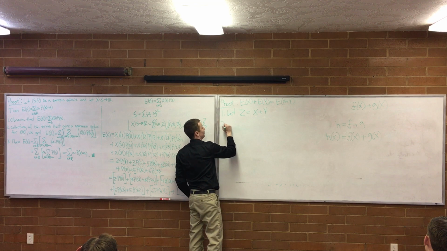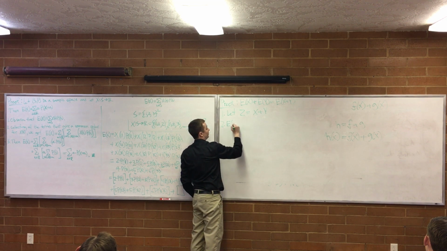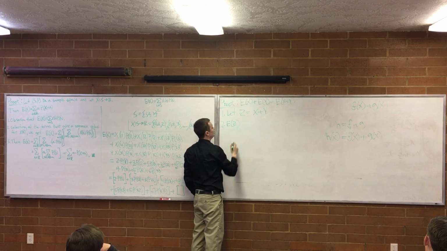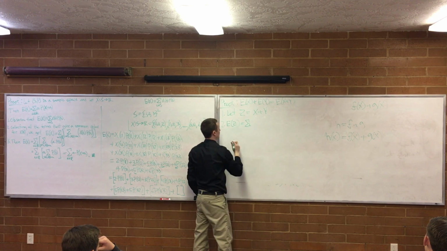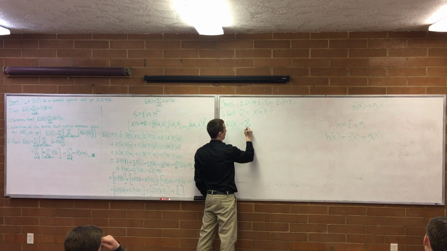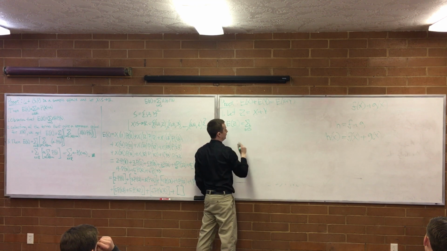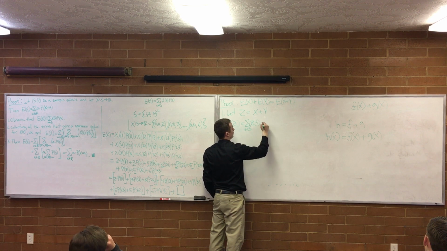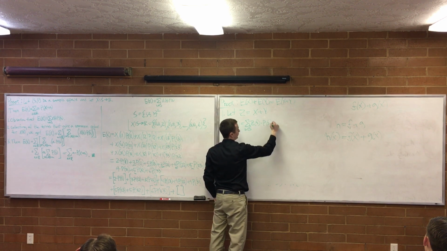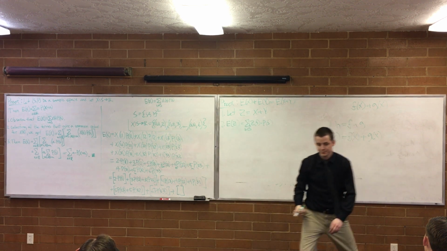Okay? The expected value of Z is equal to the sum, remember, pretend we have some sample space, so for all s in S, it's going to be Z of s times the probability of that s, right?